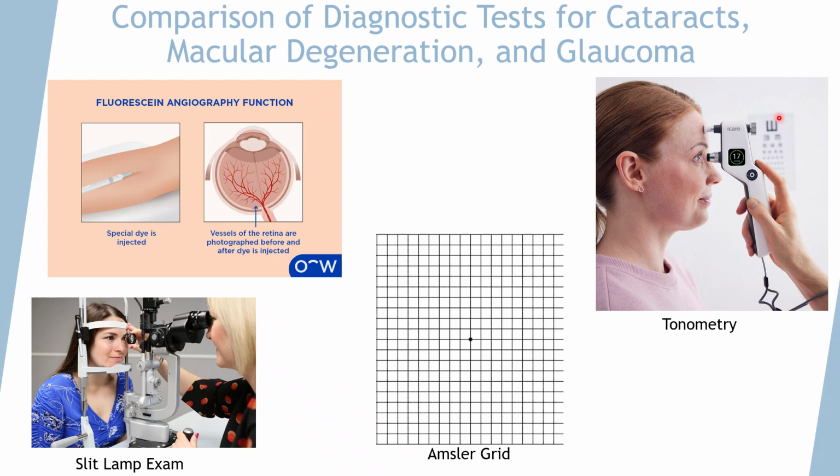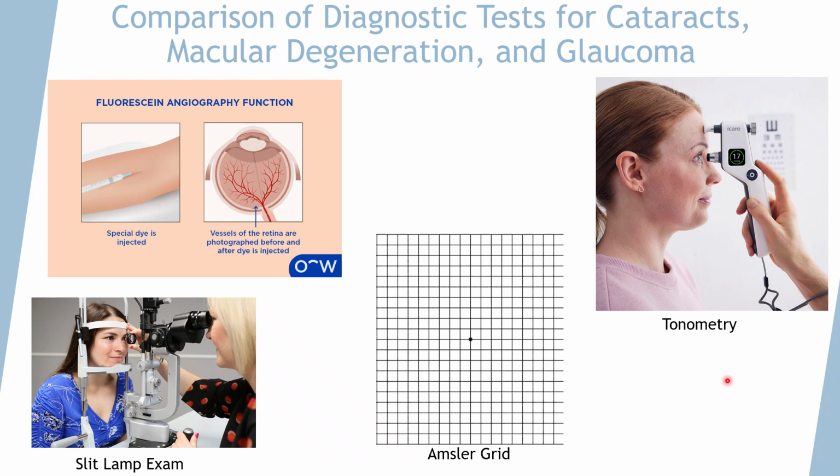The thickness of the cornea affects how much pressure must be applied. This reading is indicated for all patients older than 40 years of age. That's a very common one that they use.